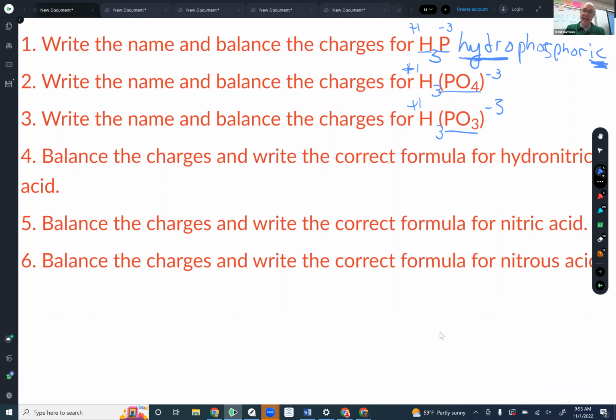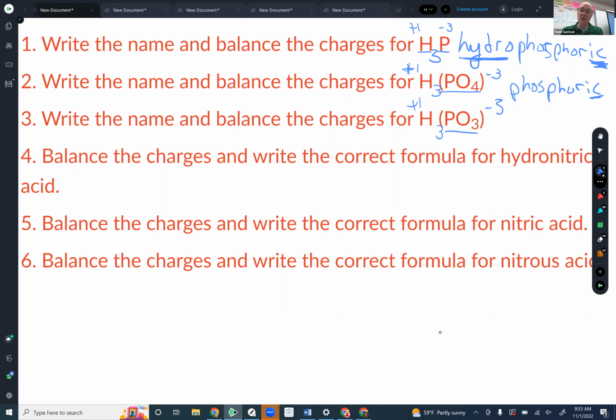So with this acid, we have a phosphate, and it just becomes phosphoric. It has no prefix at the end. It just ends with this ic. And that's why I say you'd be safe, because the majority of the acids end with ic. The binaries have hydro as a prefix. The polyatomics do not.